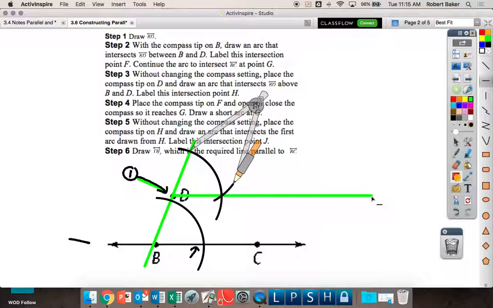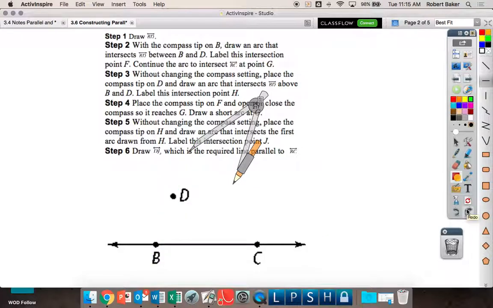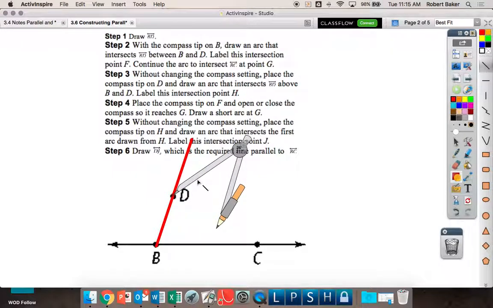All right, ready? I want you guys to watch the whole thing. Don't put your compass down. Watch with your eyeballs, please. Step one. Draw a line that connects B and D. Pivot point goes to D, and I'm going to swing an arc.